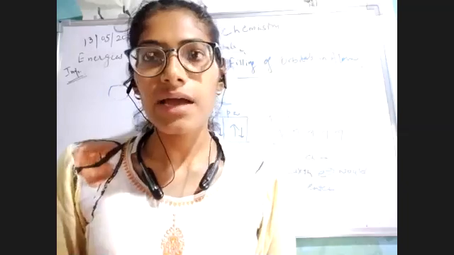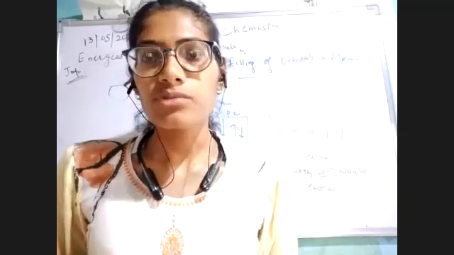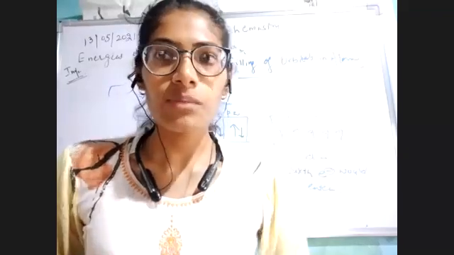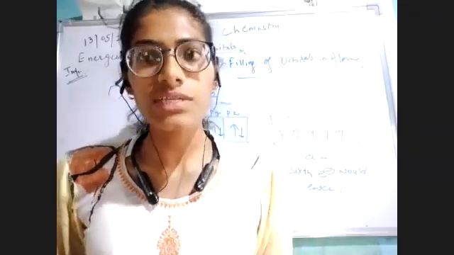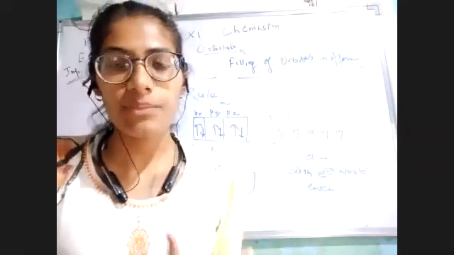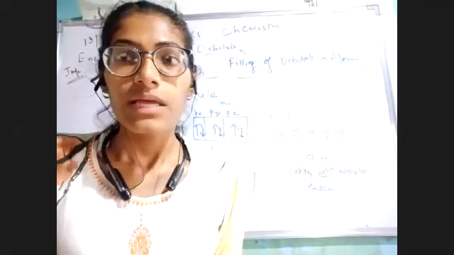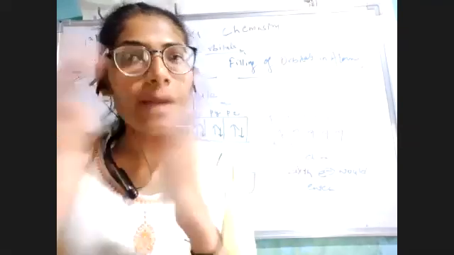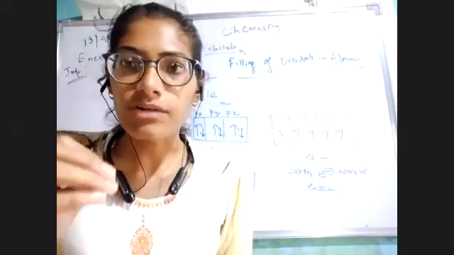Now, if there is any kind of doubt or query, I'm open to that. You may please ask me. And I just want to say one more thing: in tomorrow's class, what we have studied in our 2 topics, that is energy and shape of atomic orbitals, we will go with the outcomes. We are going to apply them to get the electronic configuration.